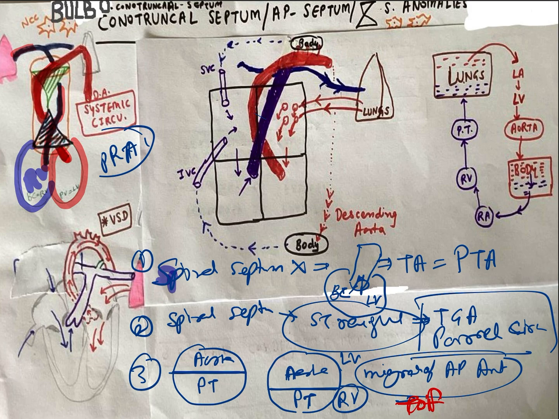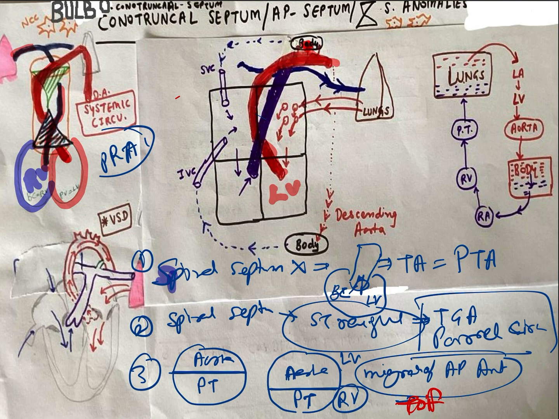This is the normal presentation. Please look at this diagram. This is the normal presentation of blood from the left ventricle. From this left ventricle, blood is going to the aorta, initially posteriorly, then rightward, and then anteriorly, and it supplies the whole body.